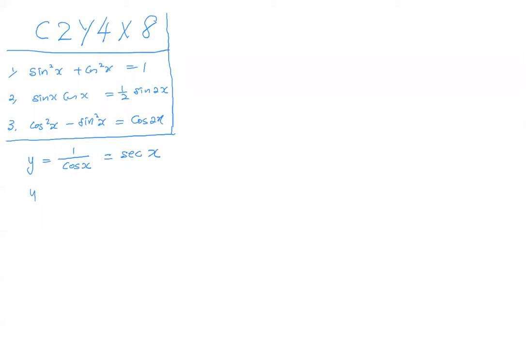Then 1 over sin x is written as cosec, okay? Then if I have y equal to sin x divided by cos x, this one can be simplified as tangent x.